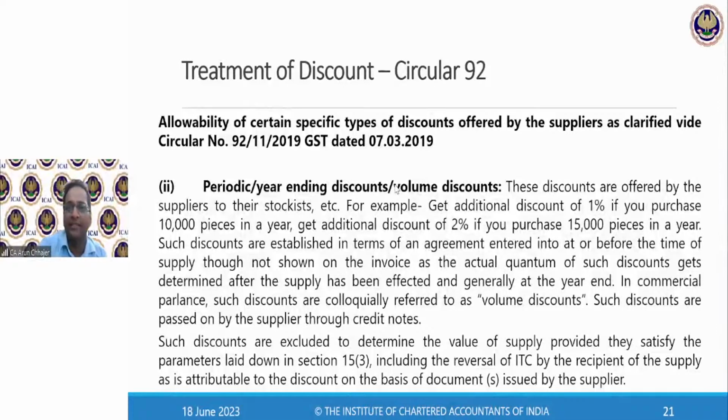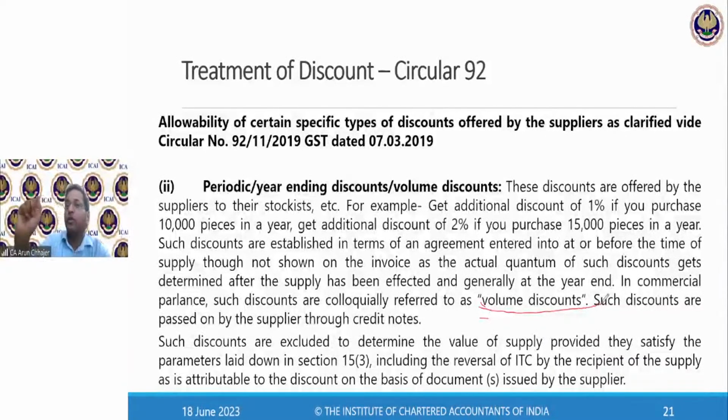So यही तो बात हमने बात की थी ना, volume discount, turnover discount. So I told you 5%. Here they are saying something like that if 10,000 pieces is for 1% discount, 15,000 pieces to 2% discount. Let's say it's in a staggered manner. If all the conditions are satisfied, then only.